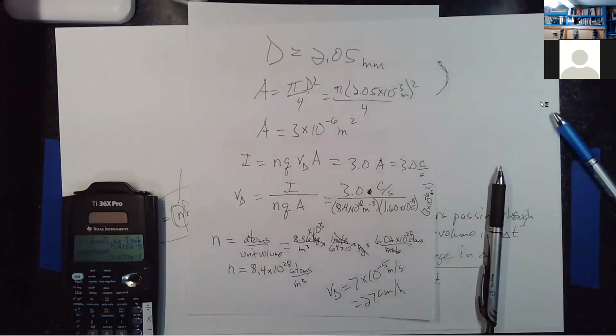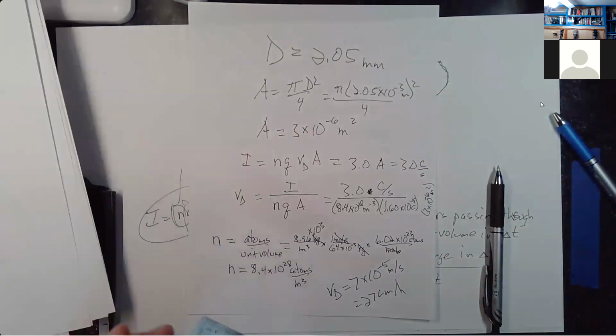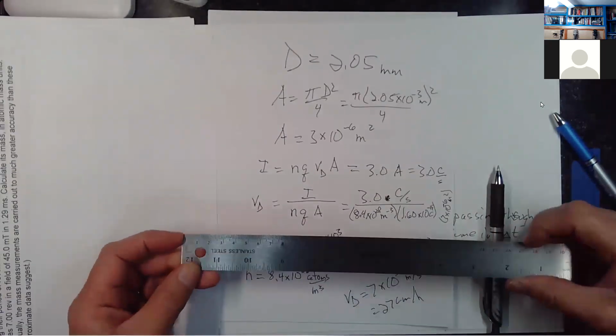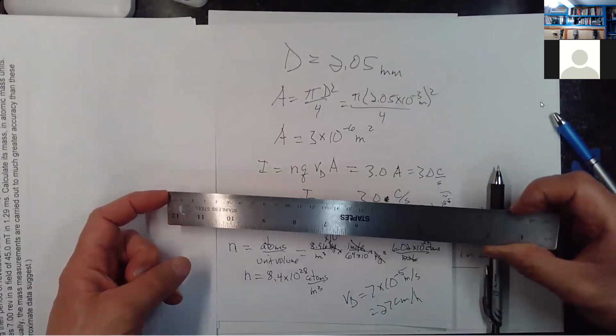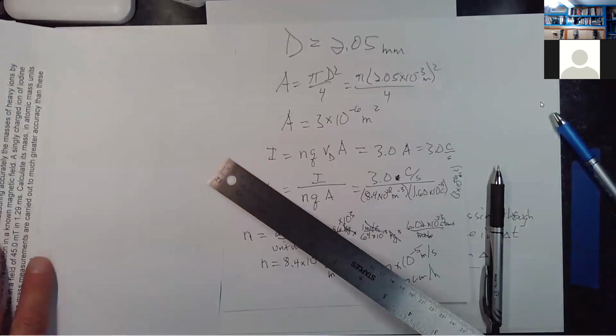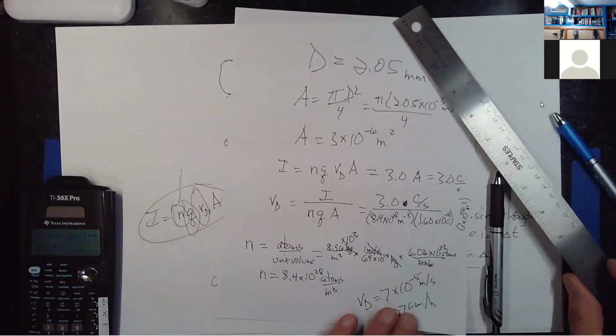But that's not very fast. 27 centimeters is this far, roughly 11 inches, and that's in an hour. So those electrons are not going very fast on average.